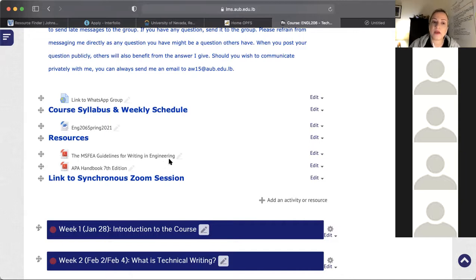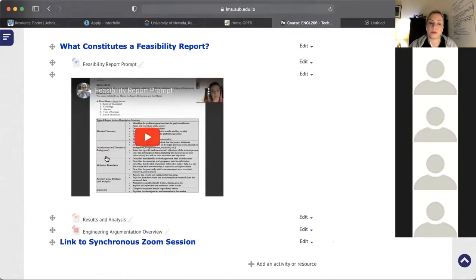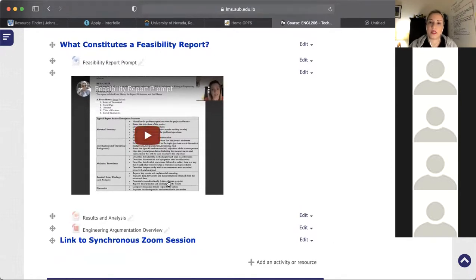Every time you write in engineering for any course in the Maroun Semaan Faculty of Engineering and Architecture, you follow the guidelines for writing and engineering that are here. This is a short guideline, but I want you to go over it. It's going to help you with writing your report. Because we have manageable things to do for the following Sunday, you're fine.